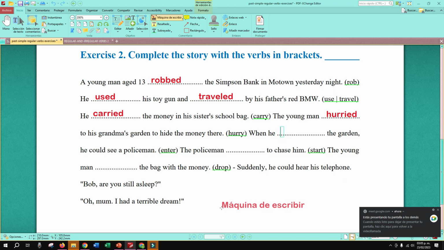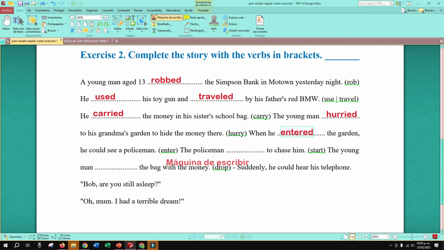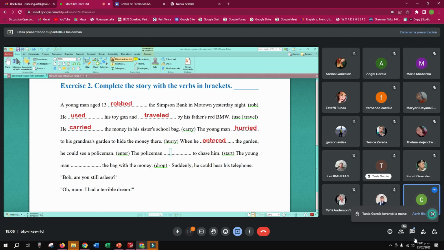When what? Entered. You have entered the garden. He could see a policeman. The policeman, what? Started.